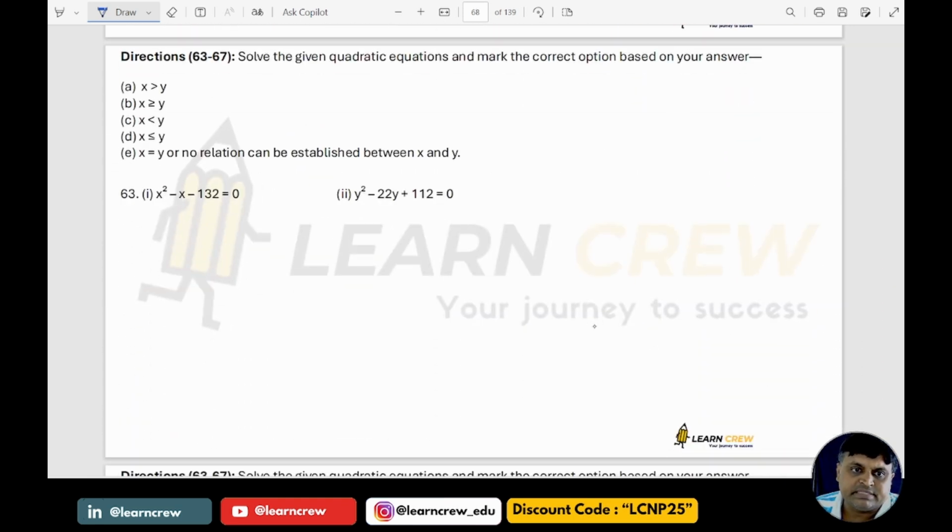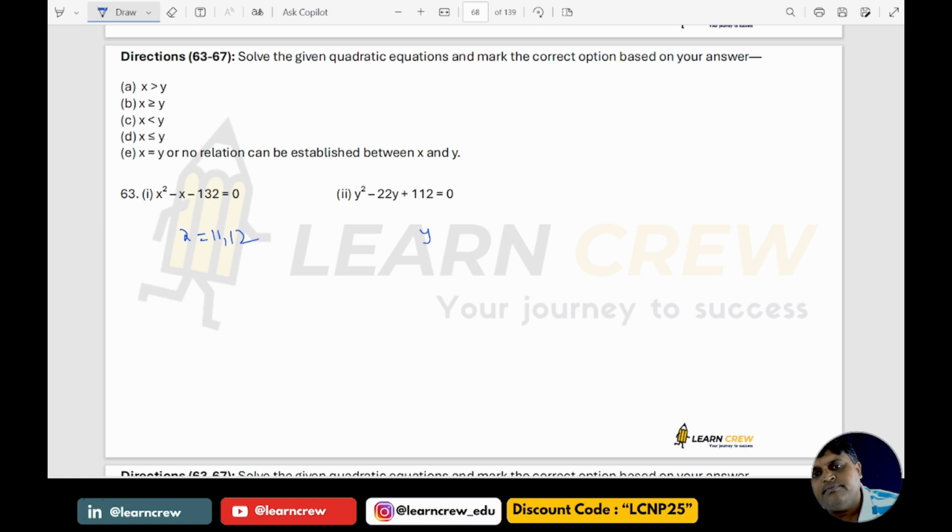Next, 63 to 67 based on quadratic. So here I will get x as 11, 12. So 112. 112 means how do I get 14, 8? So I will get y as 14, 8. Am I correct or not?